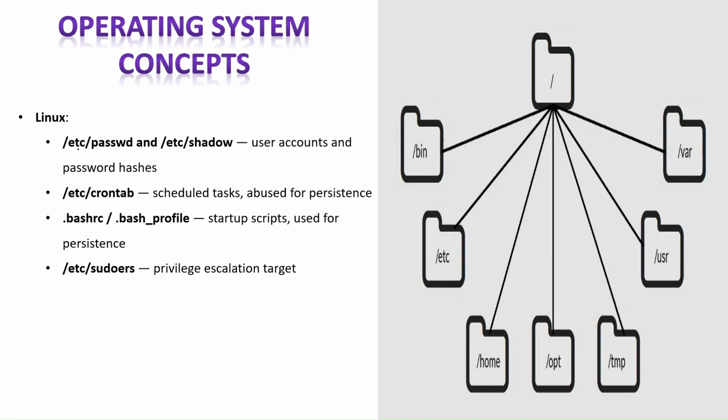Some Linux file structures: we have critical files such as /etc/passwd and /etc/shadow. These two files store the user accounts and the password hashes. /etc/crontab is where scheduled tasks are stored, and it may be abused for persistence by the attacker. .bashrc and .bash_profile are where startup scripts are stored, and again they can be used for persistence.